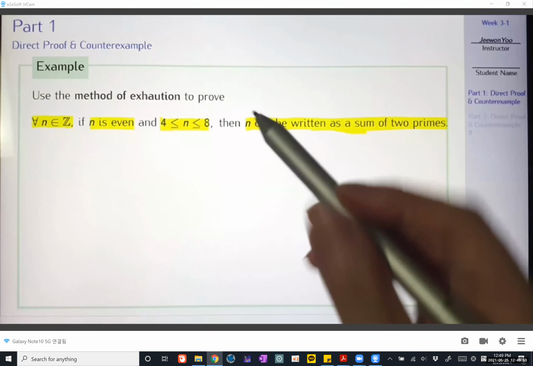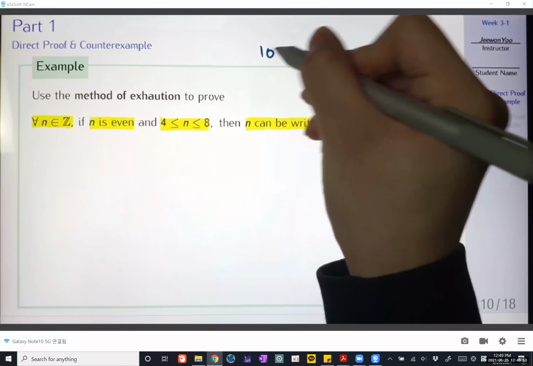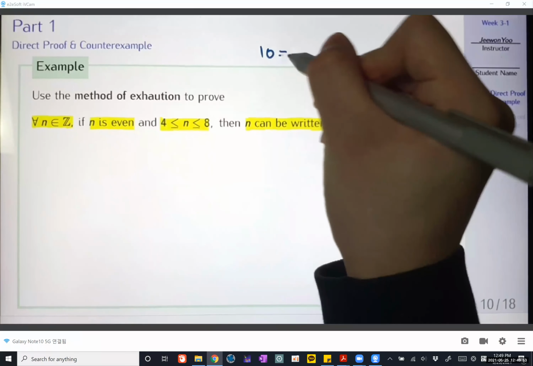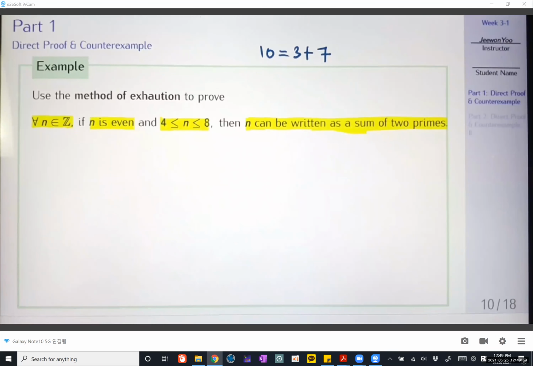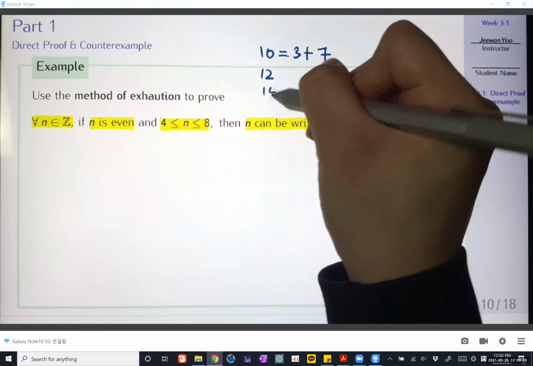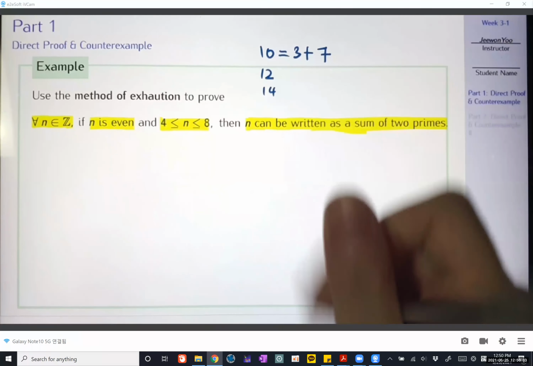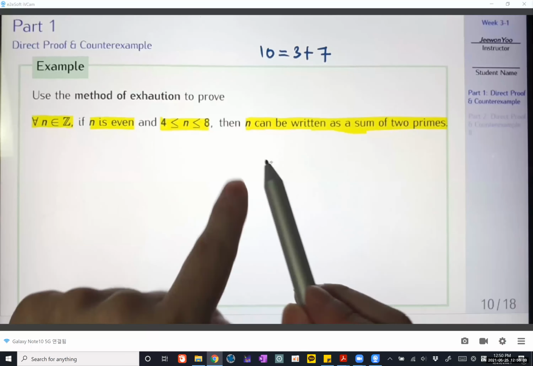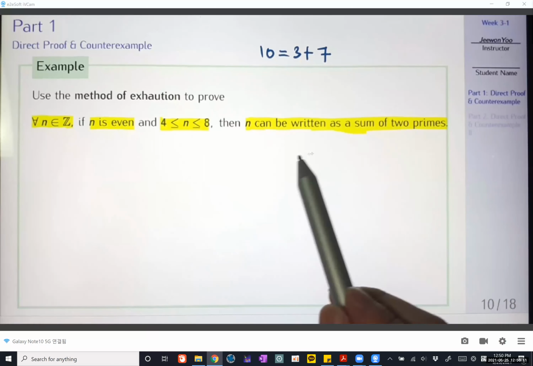I gave you 10 equals 3 plus 7, and Daria gave me examples 12, 14 and so on, right? So we're going to use that kind of idea for this proof using the method of exhaustion.